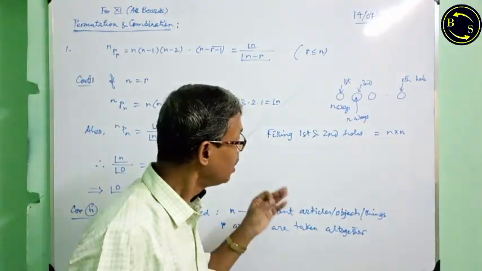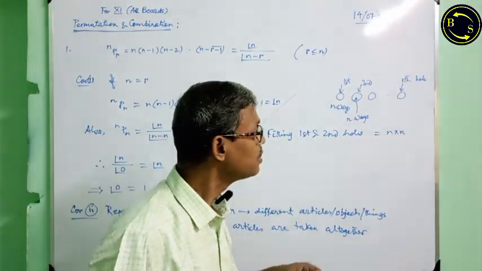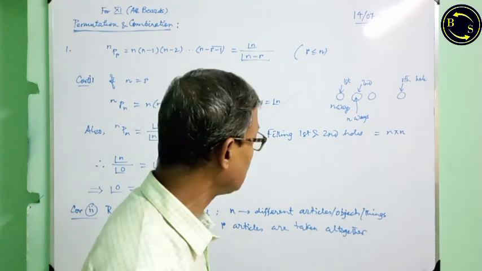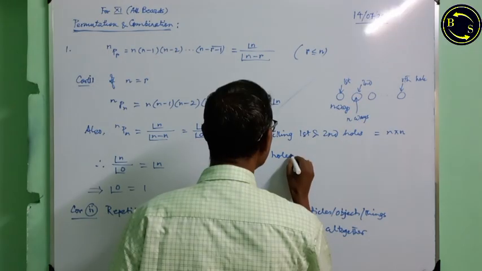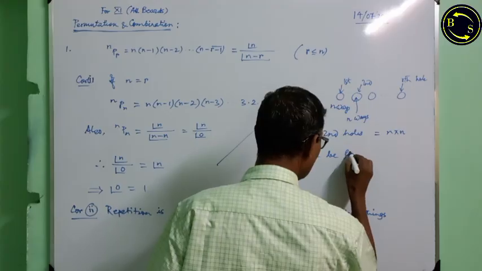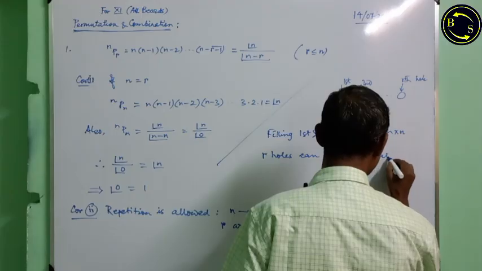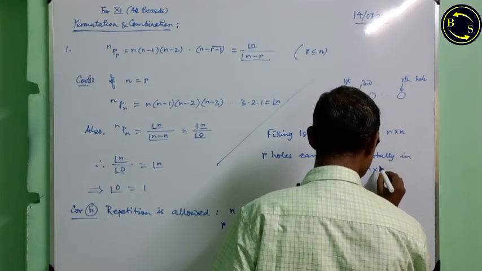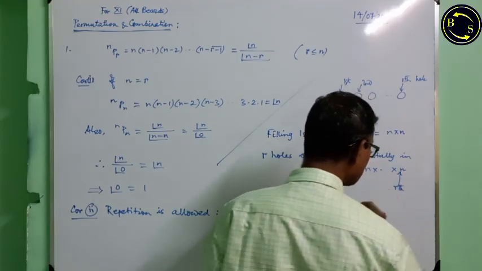Now, if we proceed in this way, then we can easily say that our holes can be filled totally in n into n into n, up to the rth n.